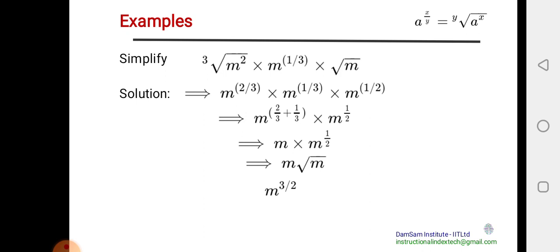The second m, which is m raised to power 1 over 2, is what we can further simplify: m times m raised to power 1 over 2 can be re-expressed as m root m, or we proceed to have m raised to power 3 over 2. What is being done here is that the power on the first m is 1, the power on the second m is 1 over 2. We can add the powers together, 1 plus 1 over 2, that will be 3 over 2.